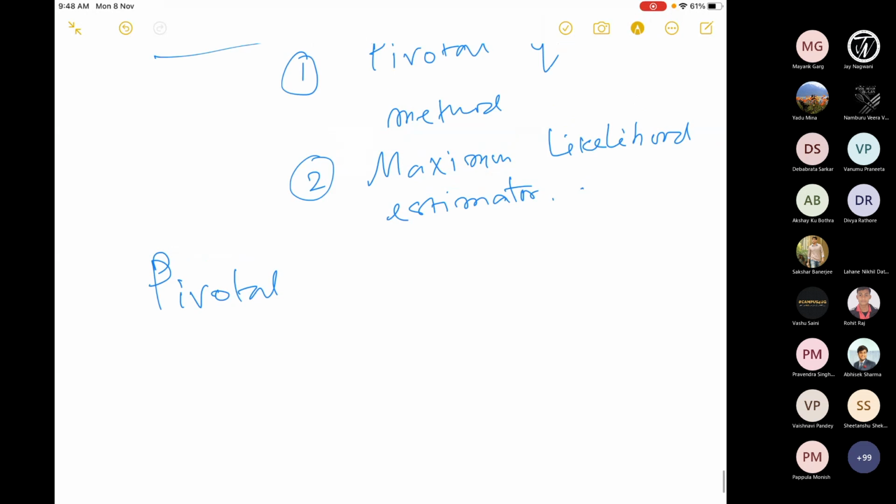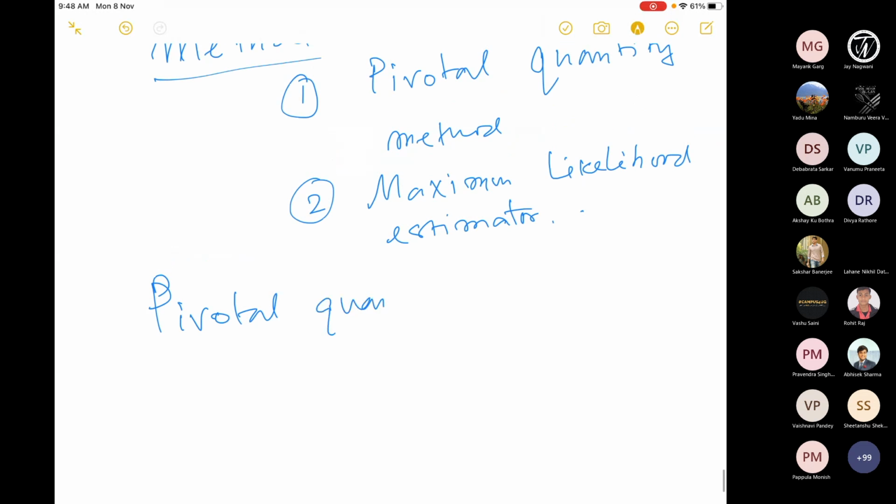Now here you will see that we have very limited knowledge about dealing with data. These methods are okay, but for a general problem, this method may not work very well.